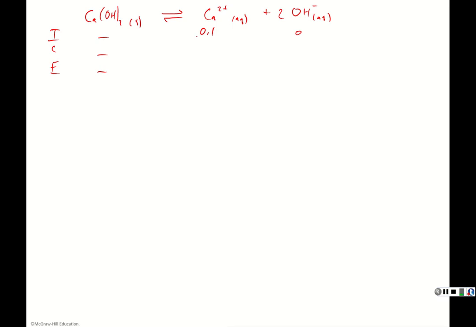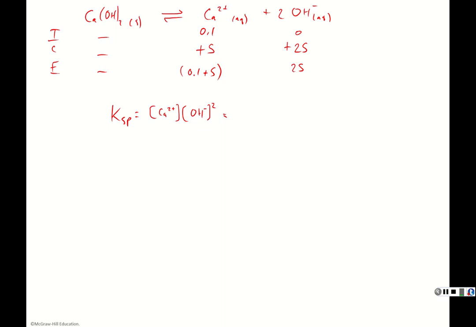So our change, just like before, when we determine how much is soluble, would be S, and for OH minus it's 2S. So now our equilibrium becomes 0.1 plus S for calcium, and OH minus again is 2S. So our KSP, same expression, is calcium 2 plus times OH minus squared.